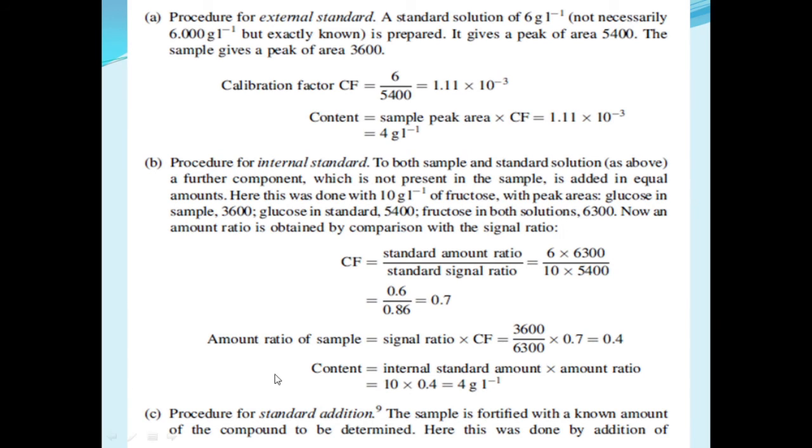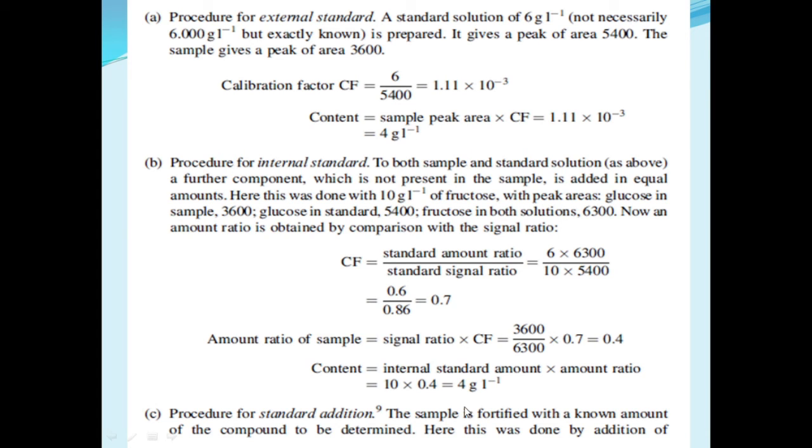Next possibility is procedure for standard addition. The sample is fortified with a known amount of the compound to be determined.